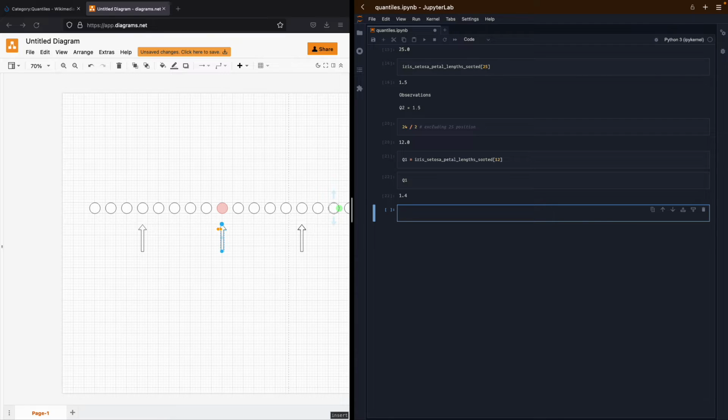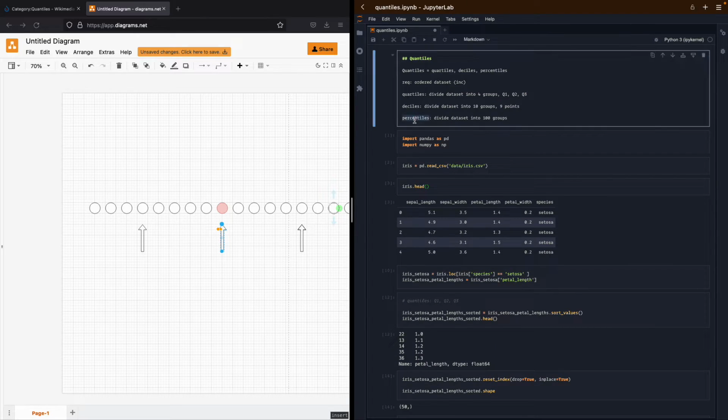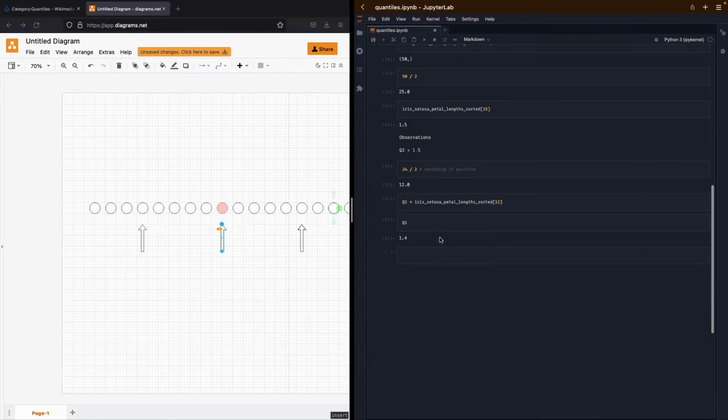Similarly, we can calculate q3 as well. Now let's see how we are going to calculate percentile. Let's say we are going to calculate the 90th percentile of petal length.